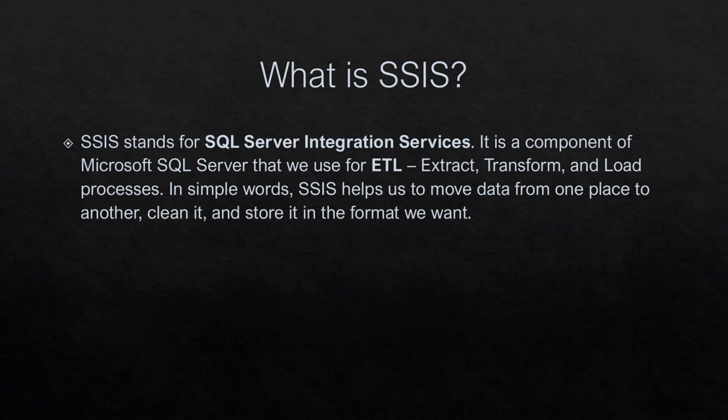That is what is called transform. All the transformation happens in this step. The final step is load. Store the processed data into a target system such as SQL Server, a data warehouse, or a flat file.